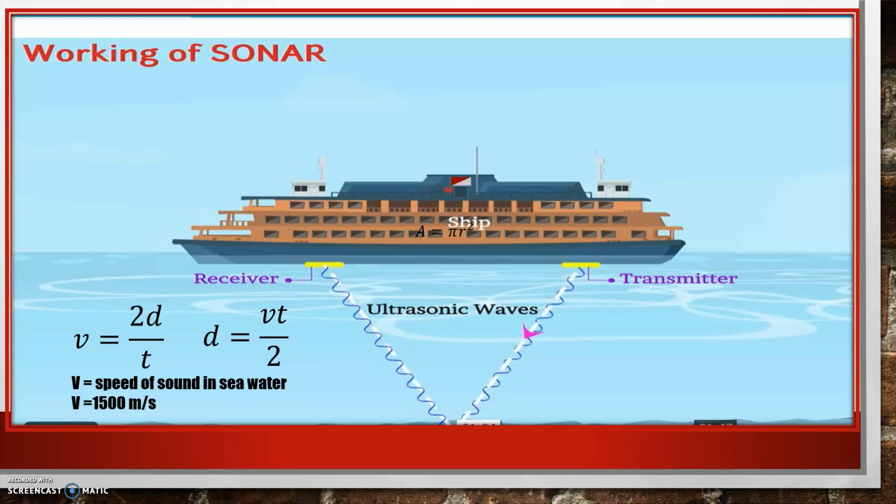The ultrasonic sound waves go and hit the bottom, and then they are reflected from the bottom, and the receiver receives them. If this distance is d, the sound travels a distance 2d. If the time taken is t, then speed v is equal to 2d by t, and therefore d is equal to vt by 2.